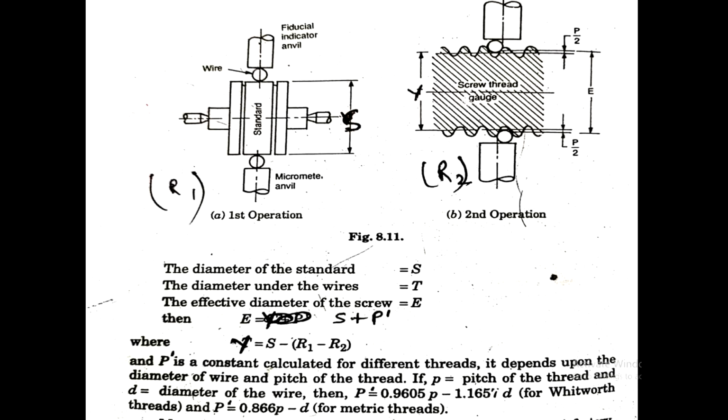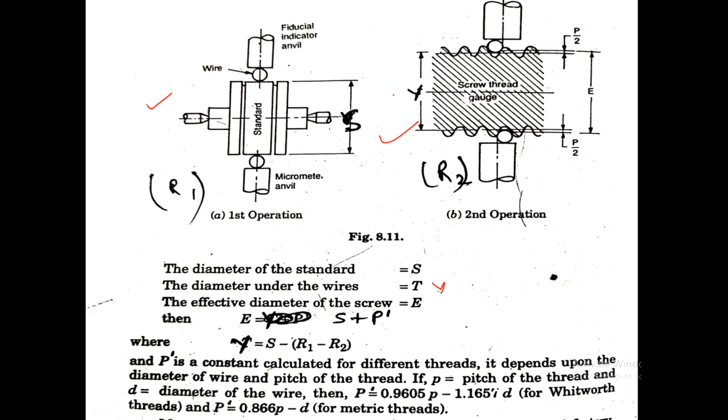So for this given figure, this is your S. S is the diameter of the standard when you do not have any thread. And the diameter under the wire is T. You can see in this figure, it will be Y, and the effective diameter of this is equal to E. E will be equal to S plus P dash, and Y will be equal to S minus R1 minus R2.